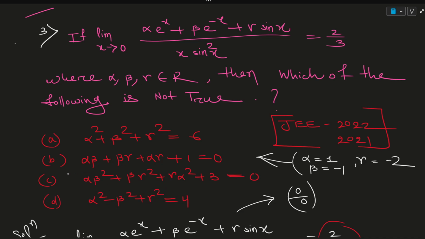Option B also holds true. So from here we can see that option 3 does not hold true. By putting in the values you can check or verify. So that's all for today. We have some other problems that we will discuss in later videos.